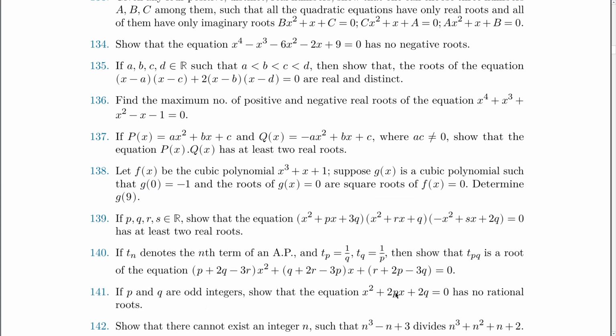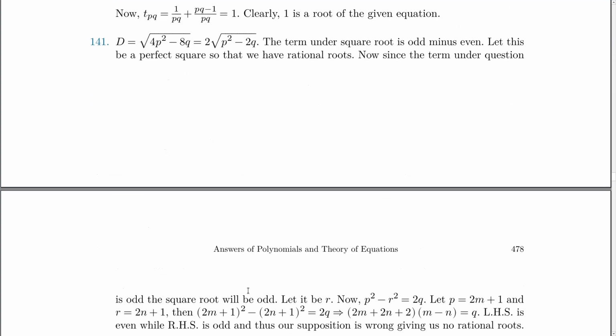So 2p when divided by 2 will become odd. So the roots would be odd. If you look at the roots, what would be the roots? Minus p plus minus square root of p square minus 2q. So minus p would be odd and p square minus 2q is odd.